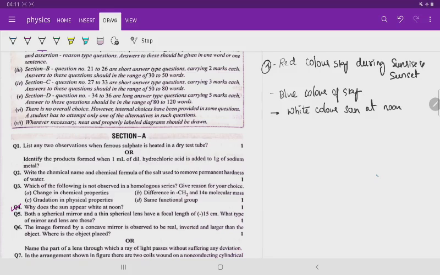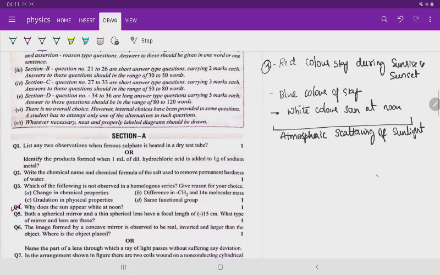For all these phenomena, the main principle is atmospheric scattering of sunlight.